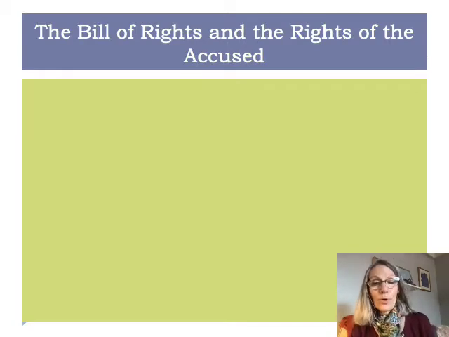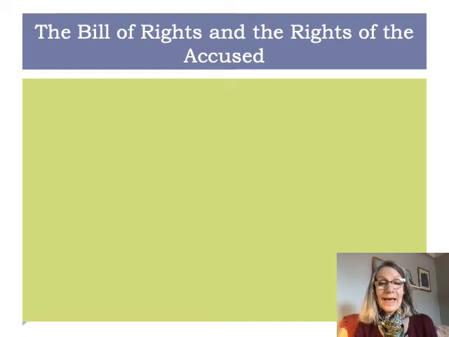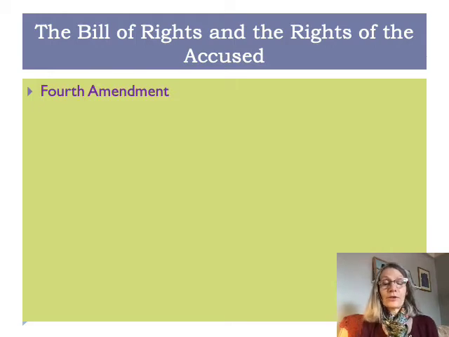Amendments 4 through 8 are the ones dedicated in the Bill of Rights to protecting those who are accused of crimes. In this lecture, and this week, we're going to be looking at the 4th Amendment, but you're also going to be learning in the textbook portion about the 5th Amendment as it applies to police and the rule of law.